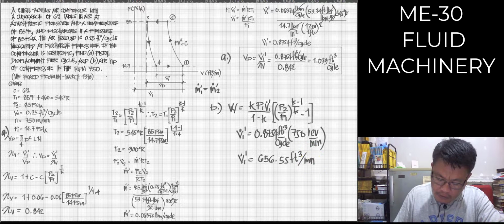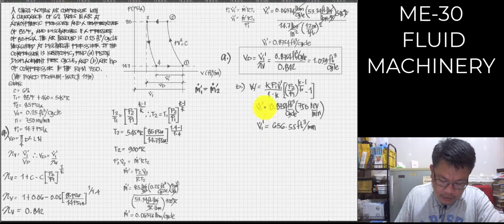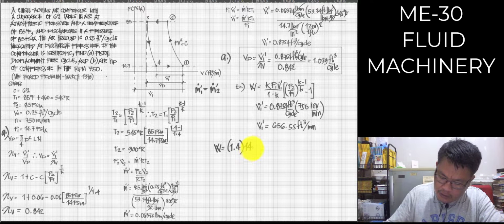So we can substitute this into our work. Our work now becomes K, which is 1.4, multiplied by P1, which is 14.7 pound force per square inch.